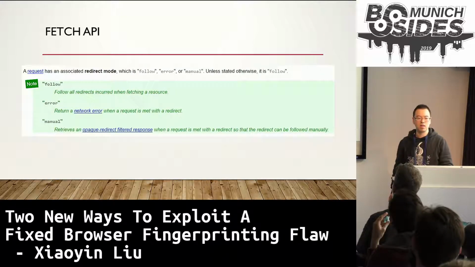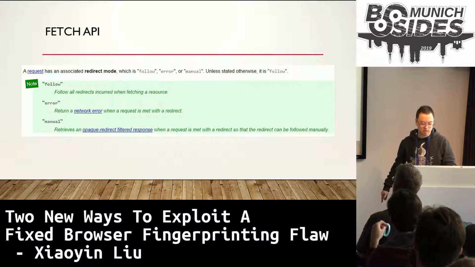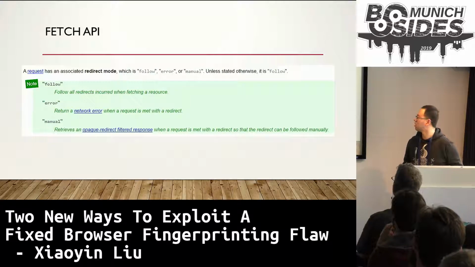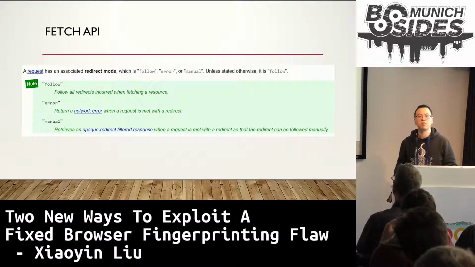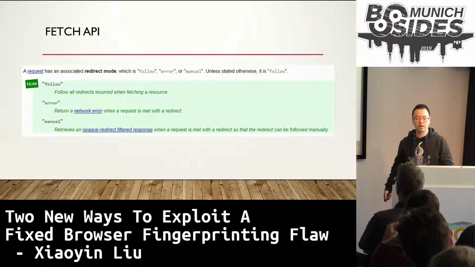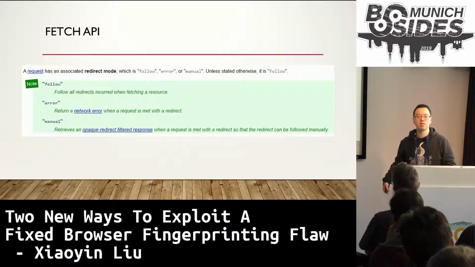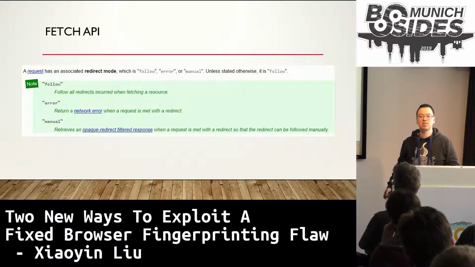Follow is the normal one, where you get the final response after following all the redirects. But here, what we need is the manual redirect. The manual redirect allows you to handle the redirect manually, which basically means you get a callback whenever a redirect happens, which is exactly what we need for the SIDE-channel attack.